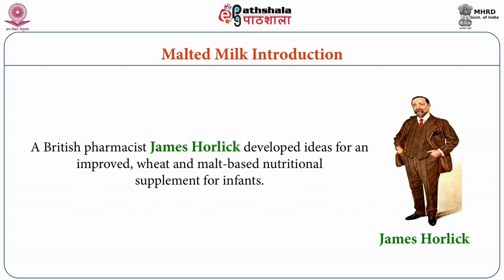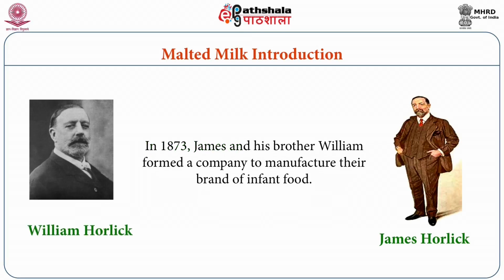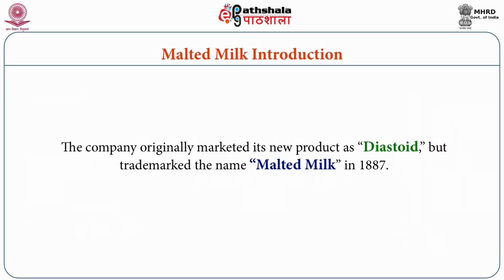A British pharmacist, James Horlicks, developed the idea for an improved wheat and malt based nutritional supplement for infants. In 1873, James and his brother William formed a company to manufacture their brand of infant food. The company originally marketed its new product as Diastide, but trademarked the name malted milk in 1887.